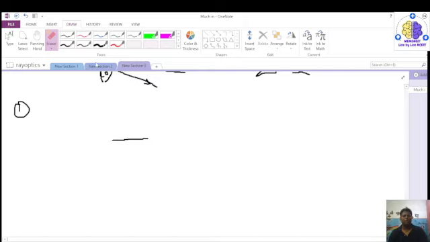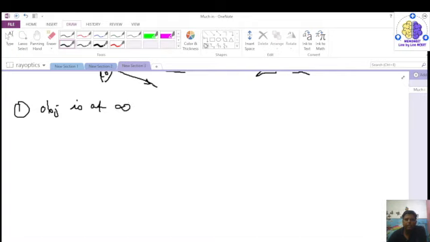Let me do it again, right? See, the object is at infinity. Now the object is at infinity and we are taking a convex lens. This is a convex lens, right?